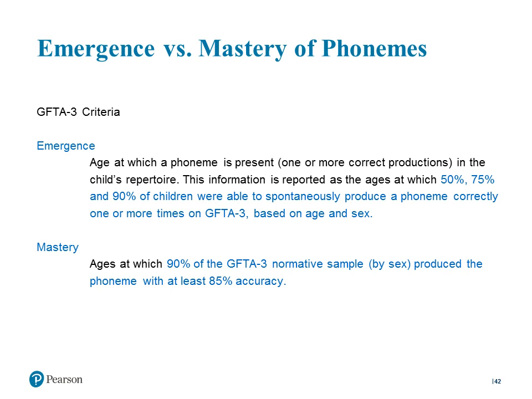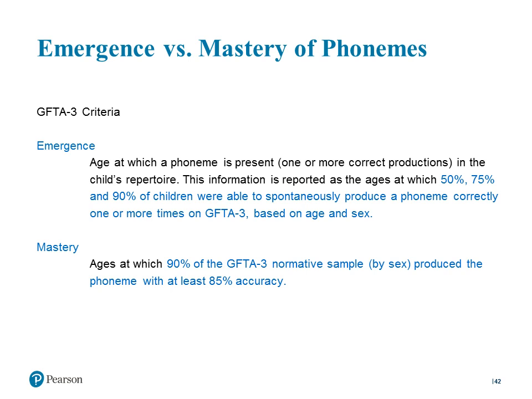We show this information in Appendix D, and what we say about it is that the data is showing 50%, 75%, and 90% of the children were able to spontaneously produce a phoneme correctly one or more times on GFTA-3 based on age and sex.